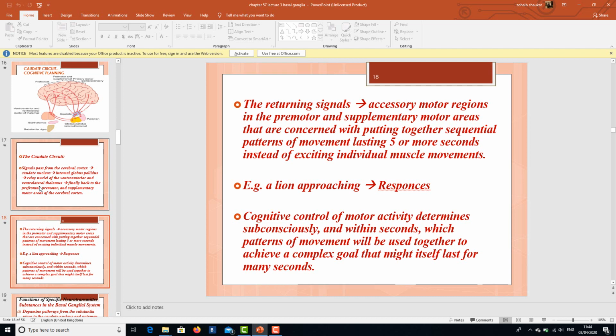For example, a line is approaching and the responses. Now, cognitive control of motor activity determines subconsciously and within seconds which pattern of movement will be used together to achieve a complex goal that might itself last for many seconds.